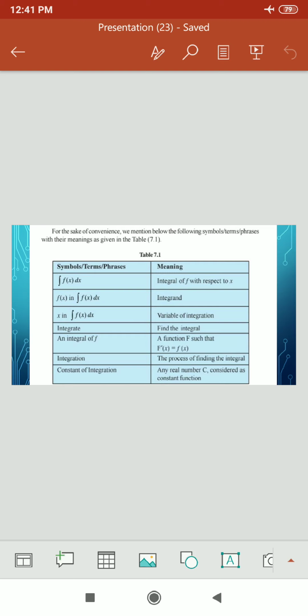Integrate means find the integral. An integral of f means a function F such that F dash of x is f of x. Integration is the process of finding the integral. Constant of integration is any real number c considered as a constant function.